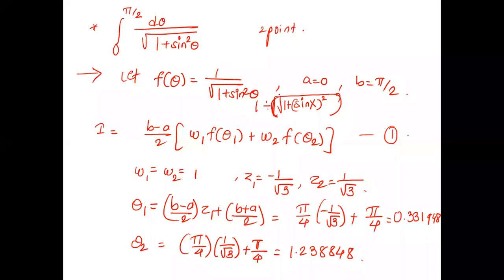Press this 1 by bracket under root, one more bracket. No, I haven't given. 1 plus sine alpha bracket. Before sine there should be the bracket. Sine we just delete the bracket, complete its square and bracket complete. Calculate for 0.331948. Are you getting something?